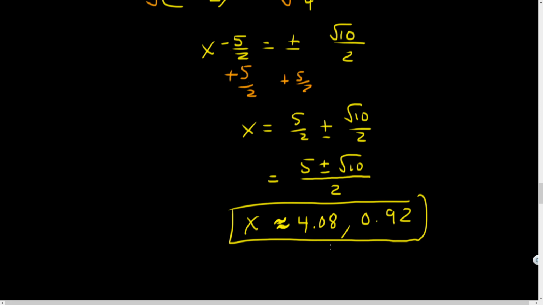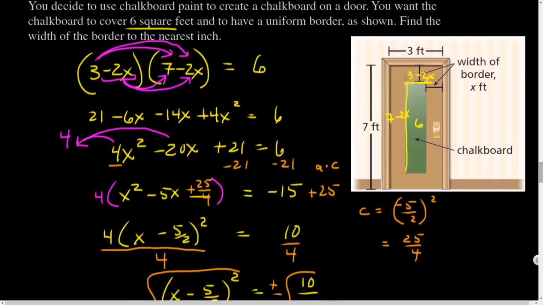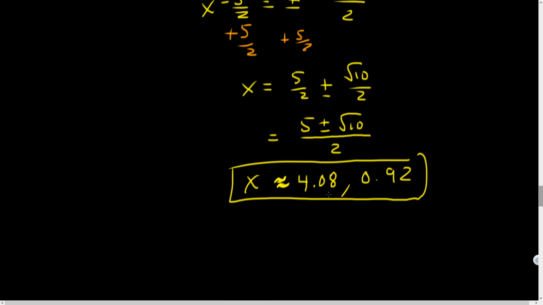These are in terms of feet. And here's the problem. A 4-foot border. How could I have a 4-foot border on a 3-foot width? Aha. So this answer is impossible. Because I can't have a 4-foot border over a 3-foot width.